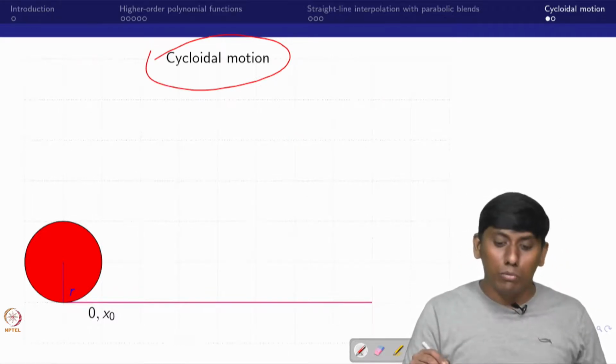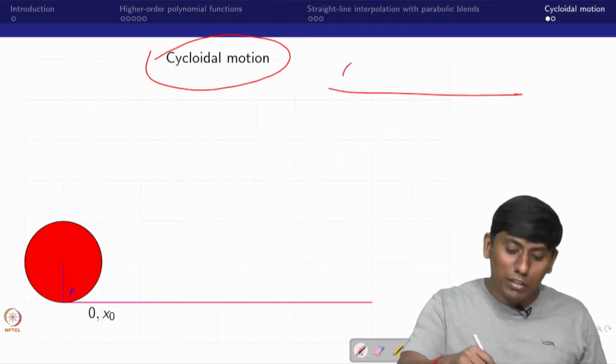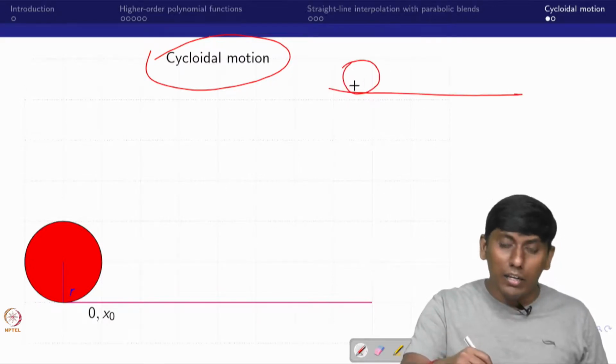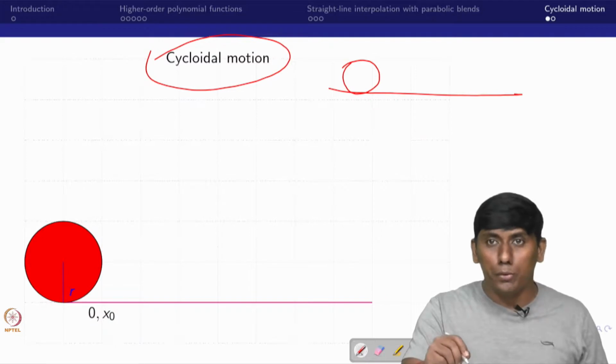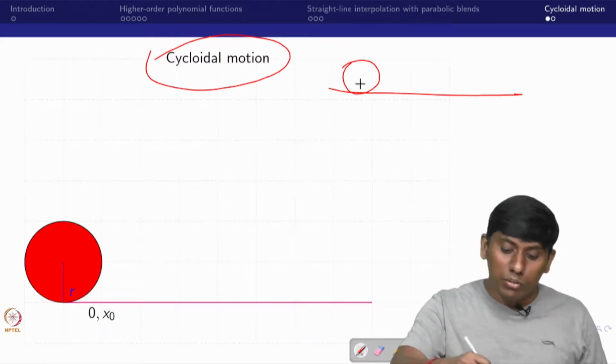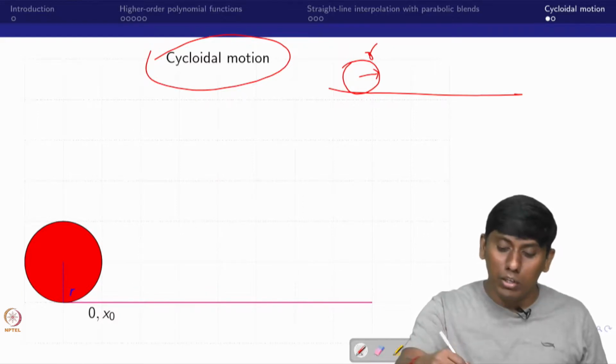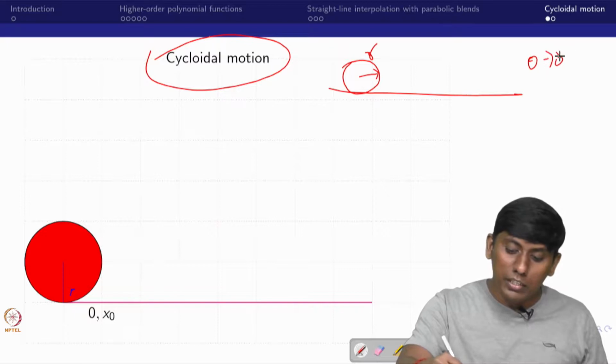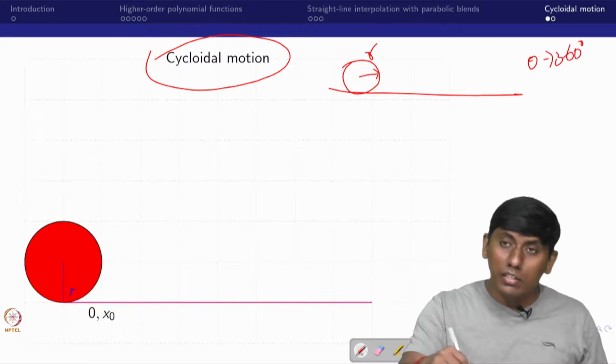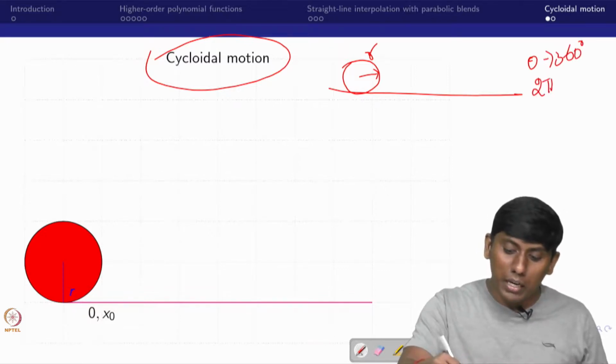So what is cycloidal motion? You take a flat surface and take one cylinder and roll the cylinder. We assume it is pure rolling, and I also assume r as the radius. If the cylinder rolls through 0 to 360-degree rotation, the distance covered is 2 pi r.